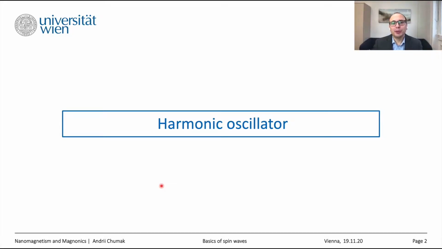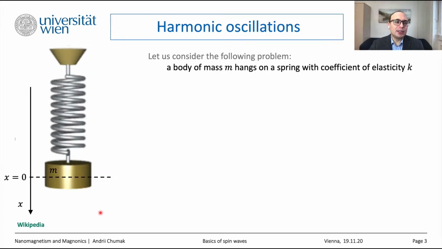And since I'm going to speak today about oscillations and waves, it's kind of logical to start by refreshing your memories of what a harmonic oscillator is. Okay, let us consider the following physical problem. We have a body of mass m which hangs on a spring.